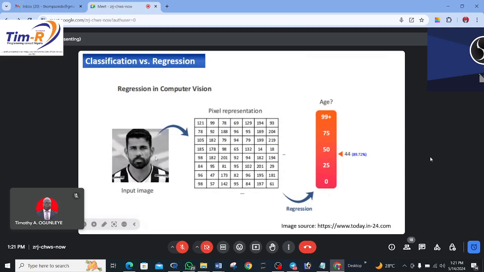In this case, what is the age of this input image? You can see it's telling us that with 89.72% this person in this image is 44 years old. That's a regression problem in computer vision, which means regression can also find its way into computer vision.